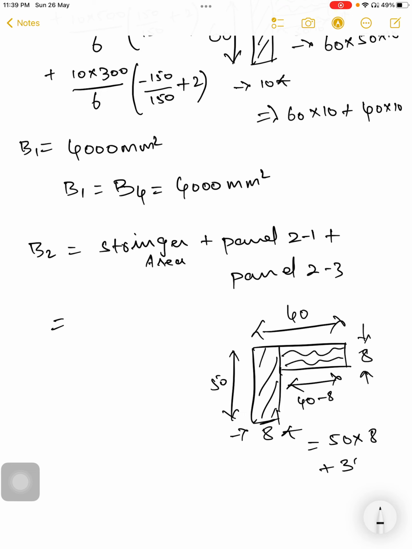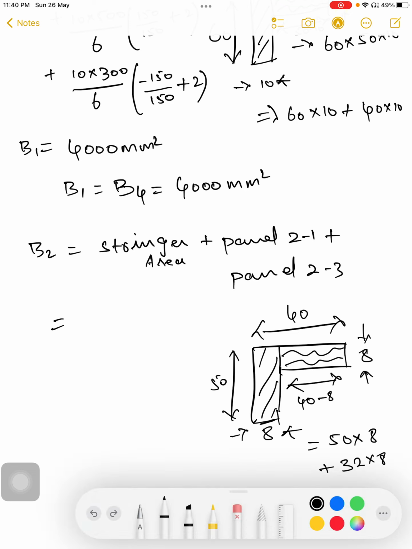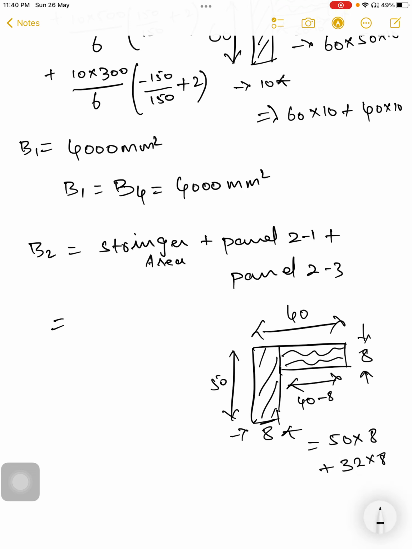So 32 into 8 is the second area. The stringer area is 50 cross 8 plus 32 cross 8.